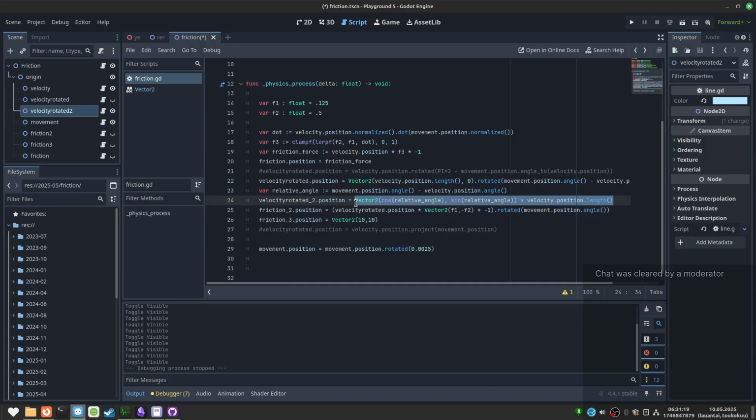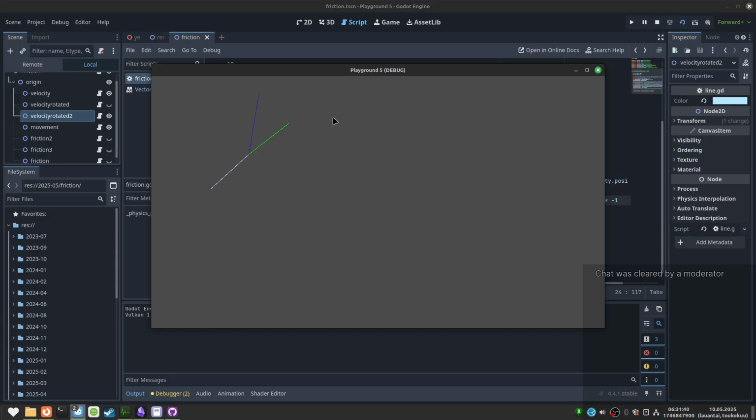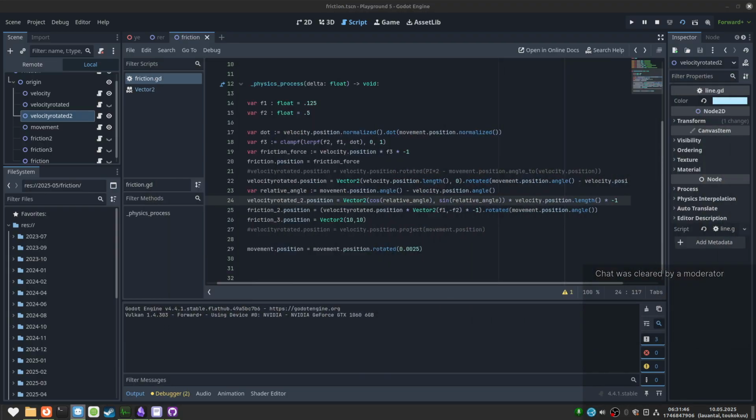And then, I mean, also I can just multiply this by -1. So we already have, like, this is kind of the friction force already. Oh wait, hold on.